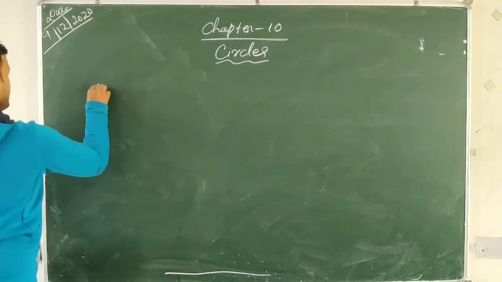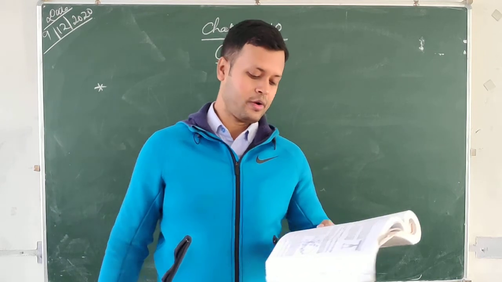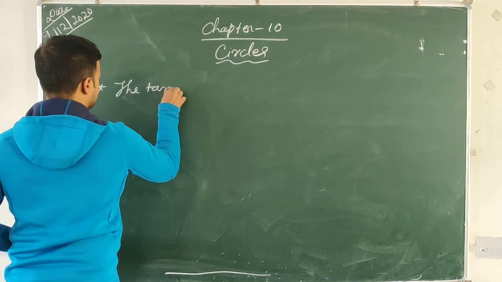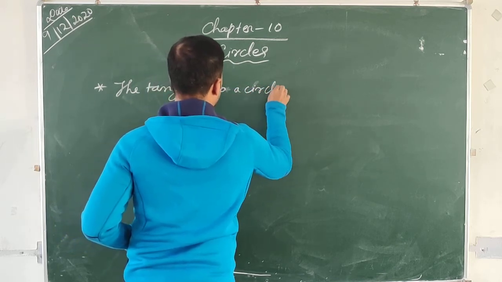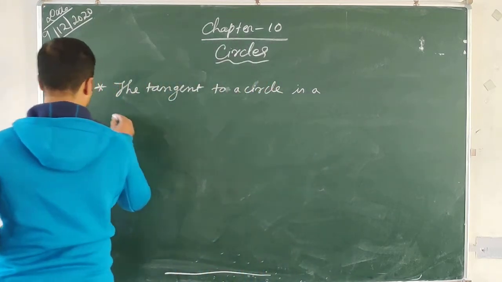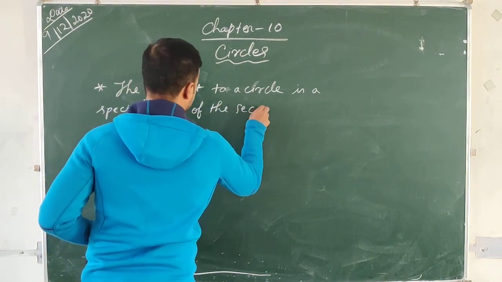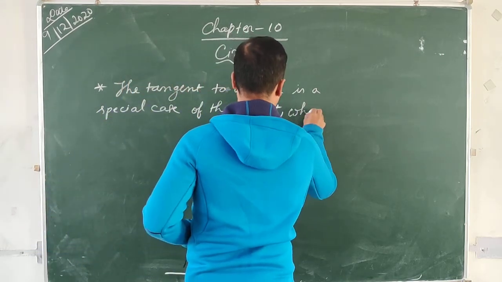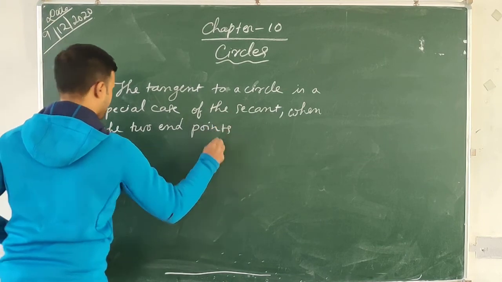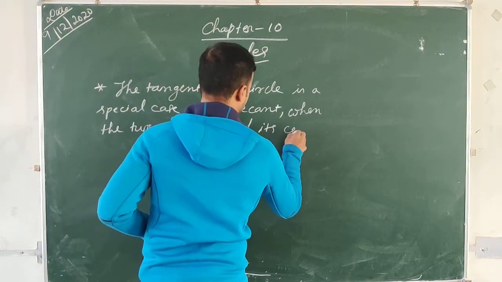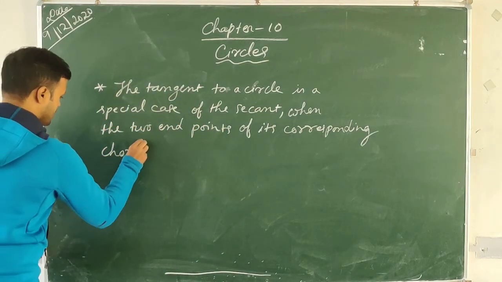There is one more point that you must understand very nicely. The tangent to a circle is a special case of the secant when the two endpoints of its corresponding chord coincide.